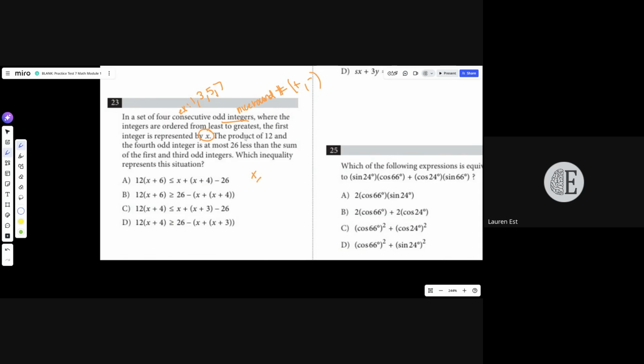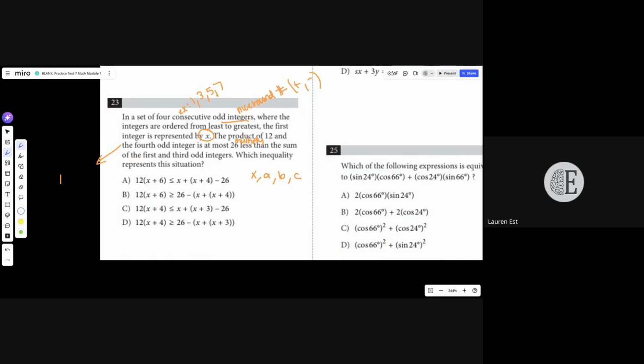The product of 12 and the 4th odd integer. Product is multiply. The product of 12 and the 4th odd integer. So we'll call this A, B, C. The product of 12 and the 4th odd integer.